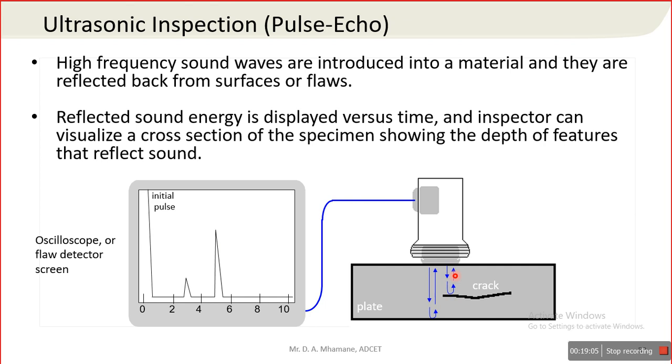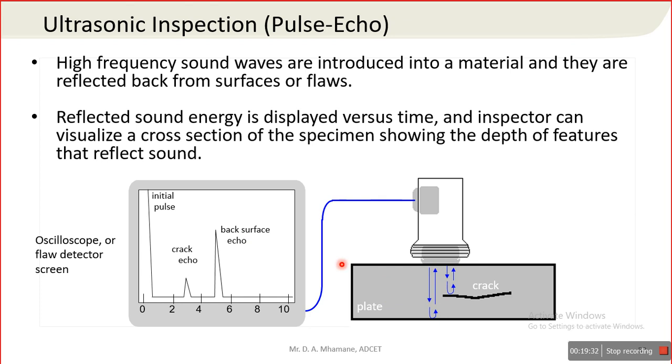So this is an initial pulse, which comes from the interface of the component and transducer. This is a crack echo, coming from this flaw, and there is another echo called the back wall echo or back surface echo, which comes from the extreme end of the component.